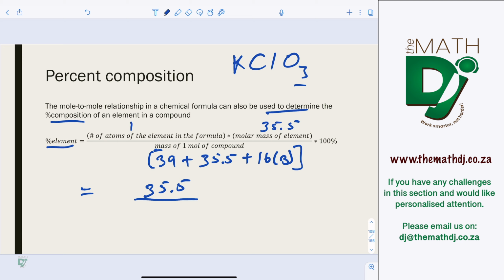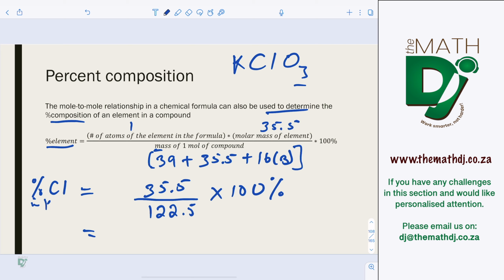So 16 times 3, so I'm supposed to get 122.5, times 100. So here to be the percentage of chlorine in this. So when you say 35.5 divided by 122.5, I said multiplied here, so divided, then times 100.